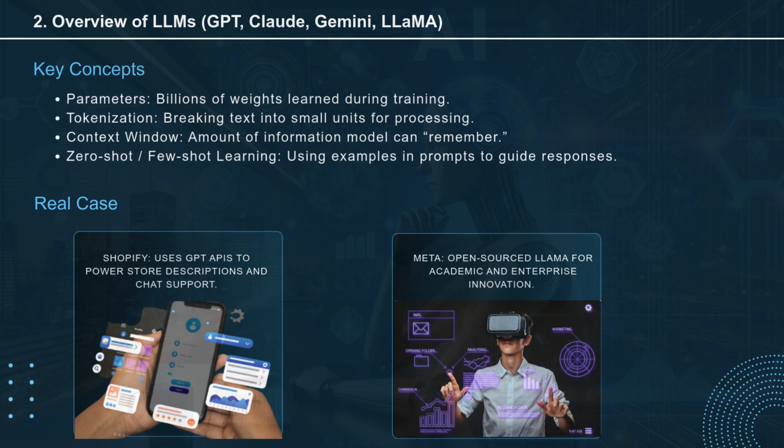Zero-shot and few-shot learning: the model can perform tasks with no examples or just a few examples in the prompt. The real-world cases show practical use. Shopify uses GPT APIs to generate product descriptions and support customers. Meta open-sourced Llama to enable academic and enterprise innovation.